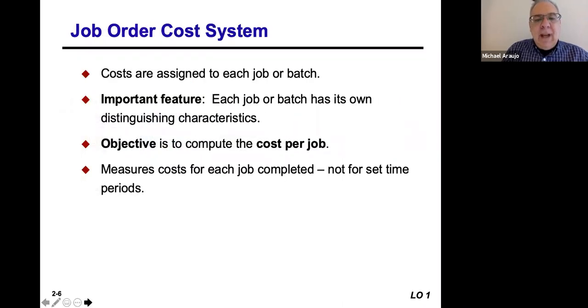Okay. But a job order cost system works a bit different because now we're looking at the costs for each job. Or you can look at it from each batch of goods that you're producing. Okay.